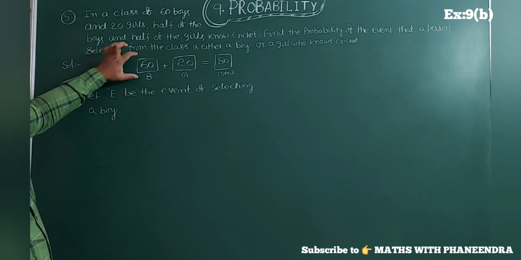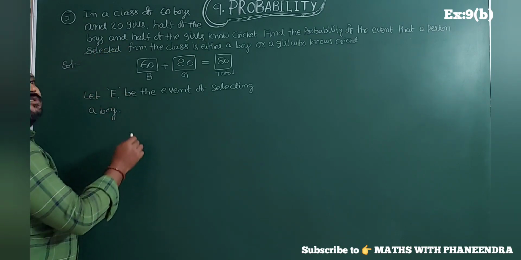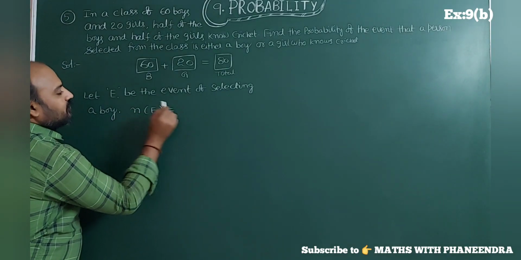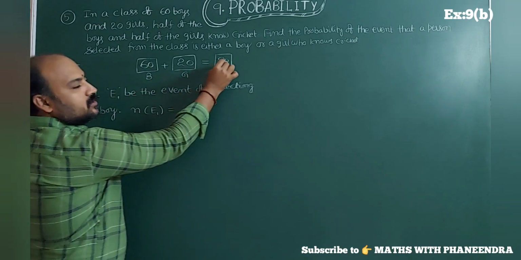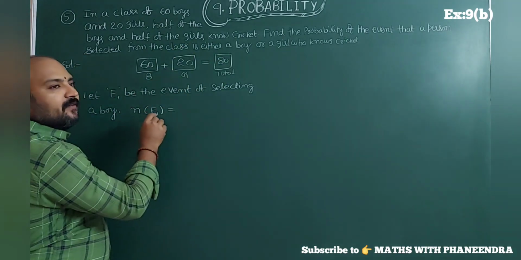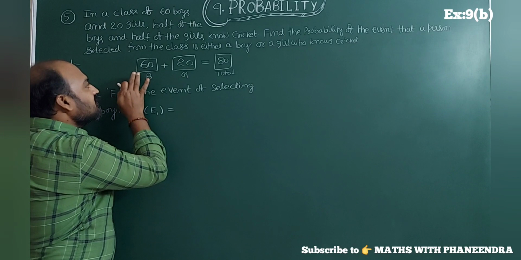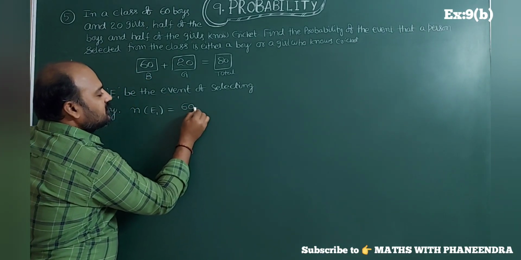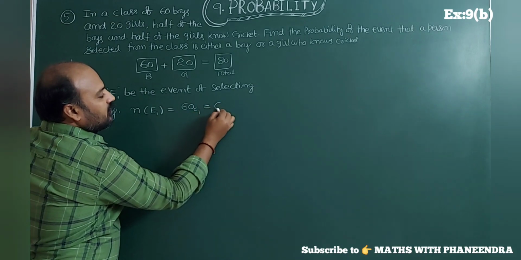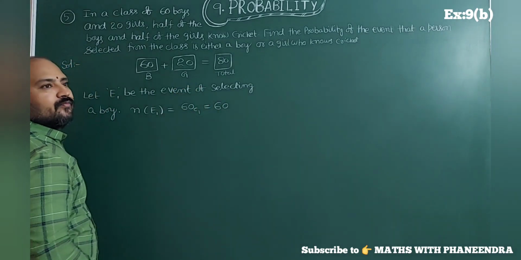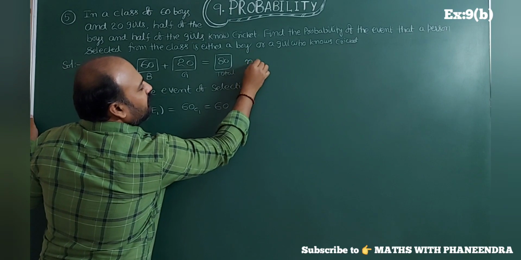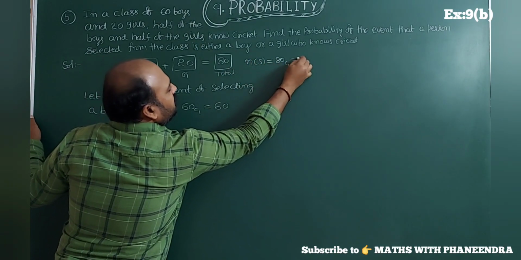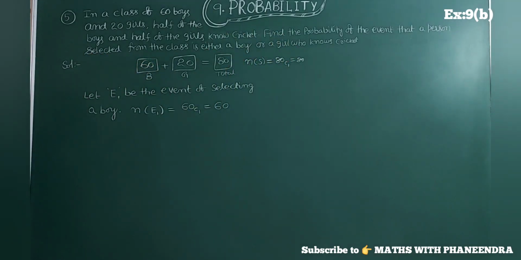How many boys are there? 60 boys are there. So n of E1, out of 60 we can select one boy in 60 C1 ways, that is equal to 60. So total 80 means n of S is equal to 80 C1. One person you can select in 80 C1, that is 80.